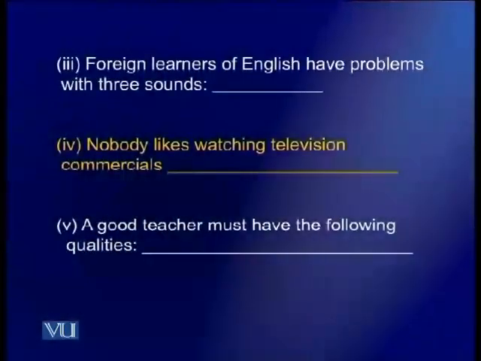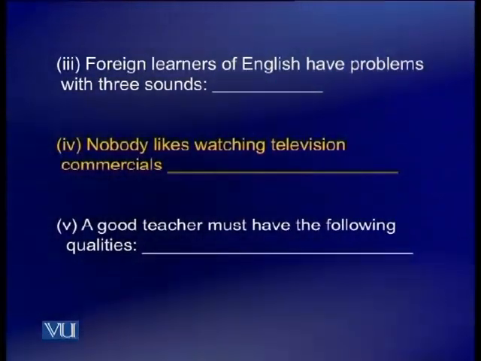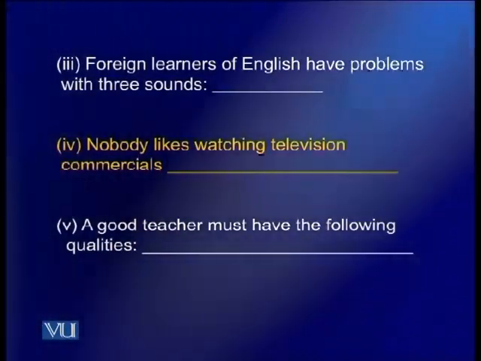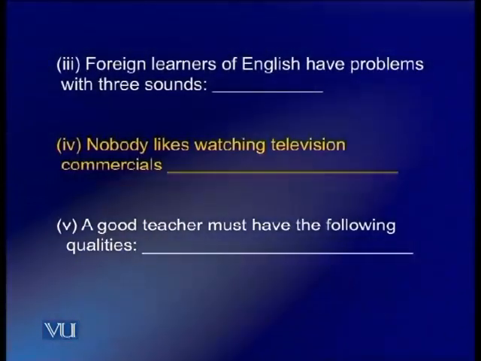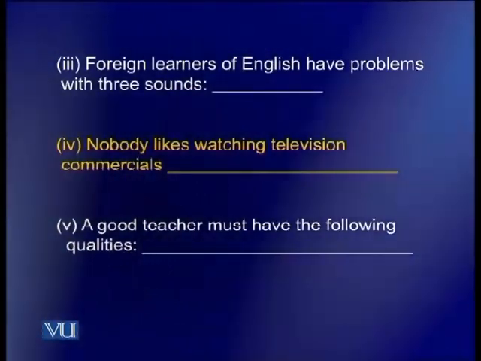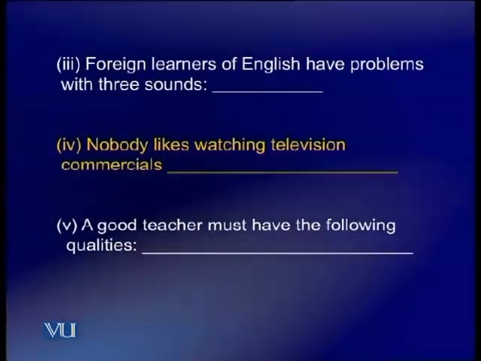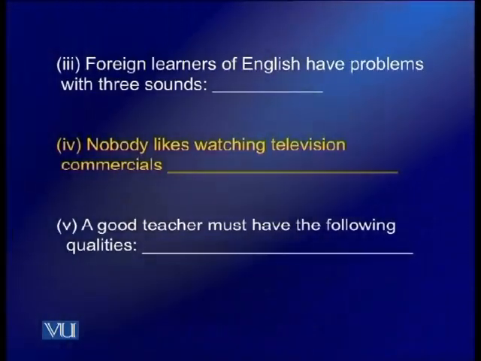Take another sentence. Foreign learners of English have problems with three sounds, colon. You know the topic is the learning of English, and it is problems. So what three problems? You just have to add three subtopics, which can later develop into three paragraphs.